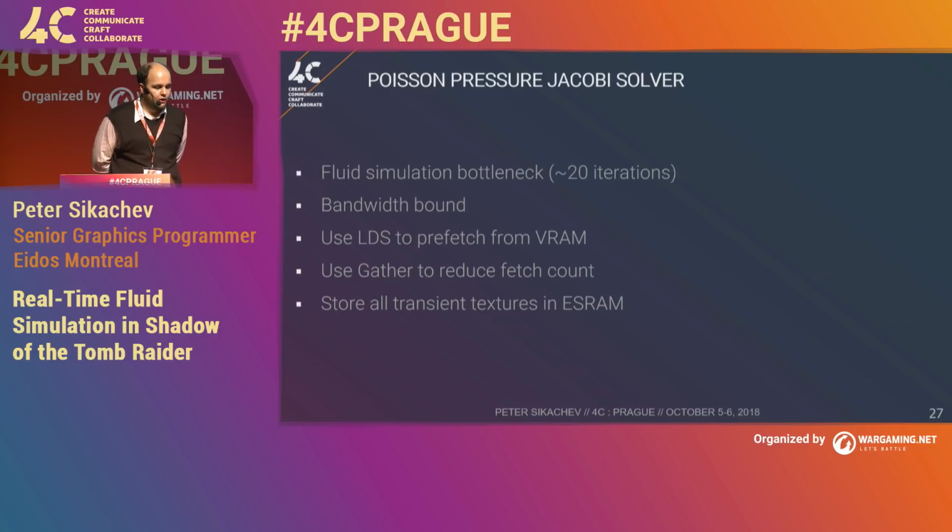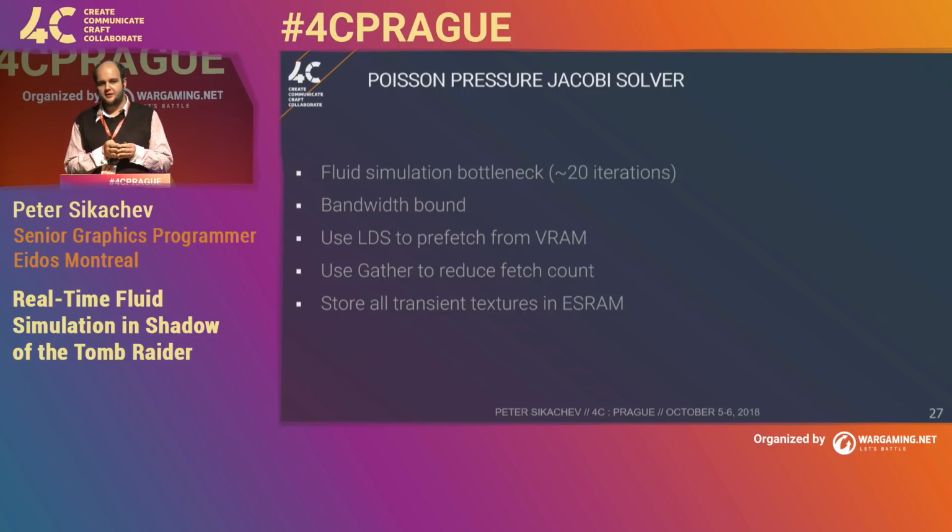So let's get to the Poisson pressure Jacobi solver. As I mentioned, this is really a simulation bottleneck, because you need to solve a system of linear equations. Unfortunately, you can't get an analytical solution if you want to solve them in parallel.